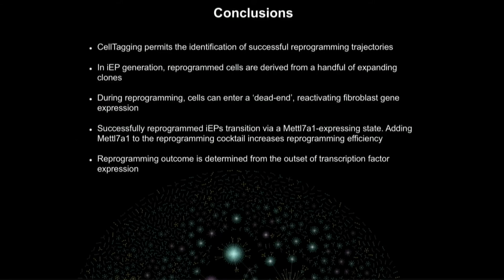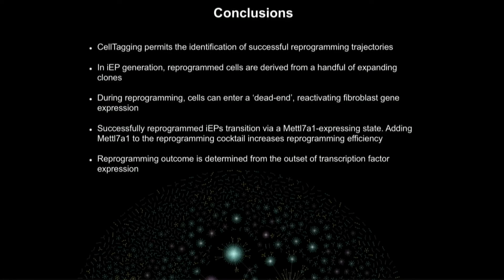So in conclusion, I've shown you our cellular flight recorder today, our cell tagging system. It's enabled us to identify these successful reprogramming trajectories. In this IEP generation, the successfully reprogrammed cells are derived from a handful of initial cells, and then they expand through the reprogramming process. We see the fully reprogrammed and dead-end states.